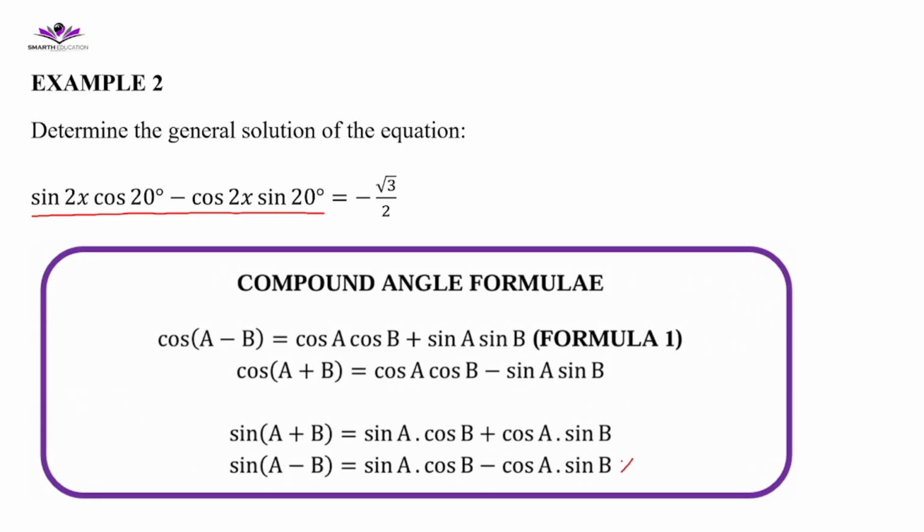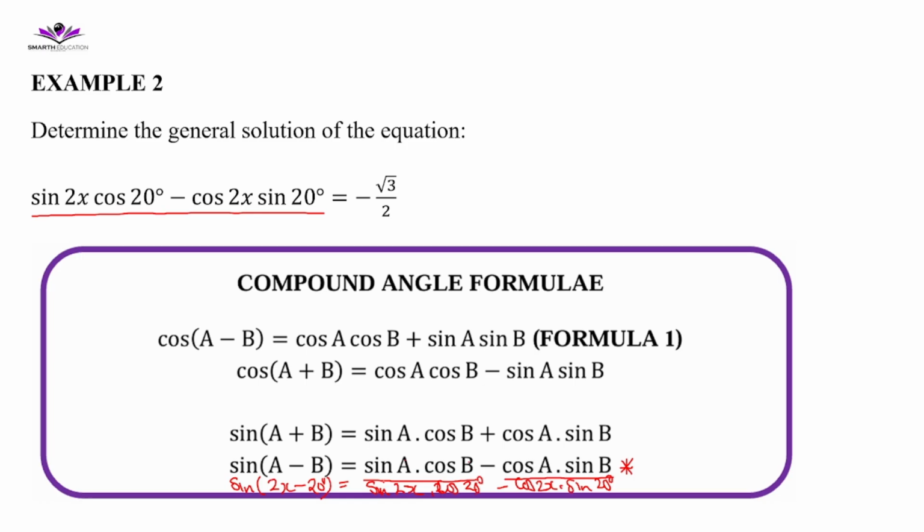We can use this one: sine A cos B minus cos A sine B, because it's the same as sine 2x cos 20 degrees minus cos 2x sine 20 degrees. 2x is like the A, and 20 degrees is like the B. Meaning that we can write this as sine of (2x minus 20 degrees).